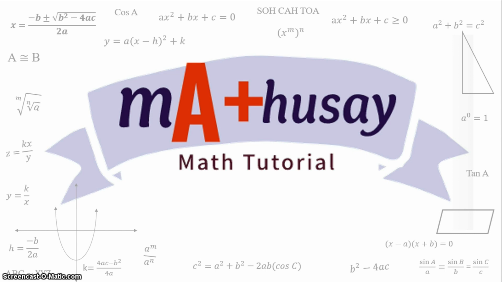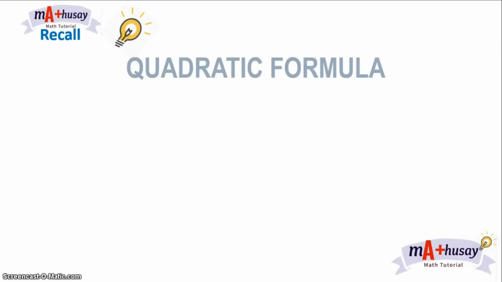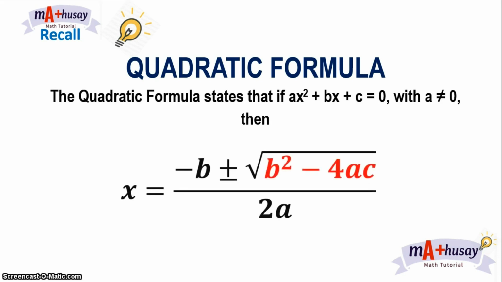In this lesson, you will learn how to characterize the roots of a quadratic equation using the discriminant. Let's begin. Let's recall that the roots of quadratic equation ax squared plus bx plus c are given by the quadratic formula x is equal to negative b plus or minus the square root of b squared minus 4ac all over 2a.